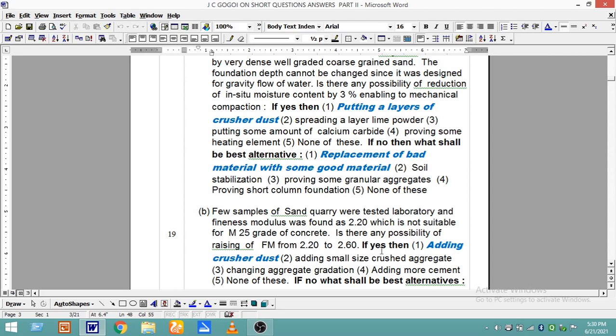In such cases, we are adding 30% crusher dust, and we are getting 2.6 and a little above. So adding crusher dust is the correct answer.